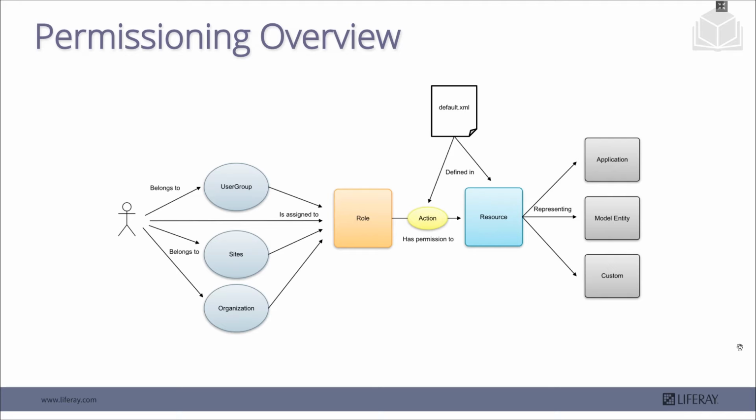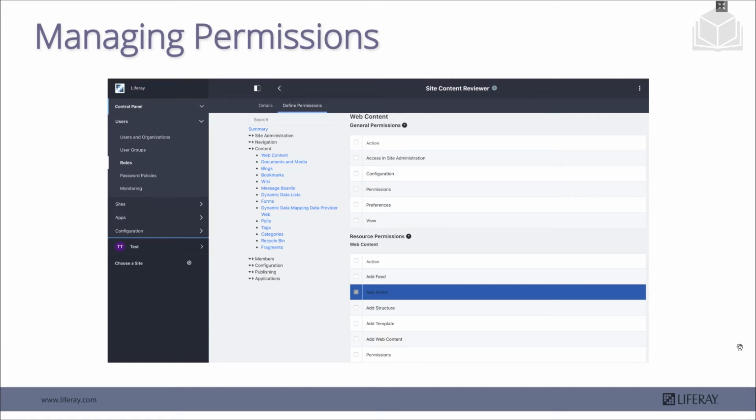The user can be directly assigned a role or be a part of something and inherit a role from that something. Role defines a permission, saying that you can perform a specific action on a resource, and depending on what type of resource we are defining, either an application or the model entity itself.